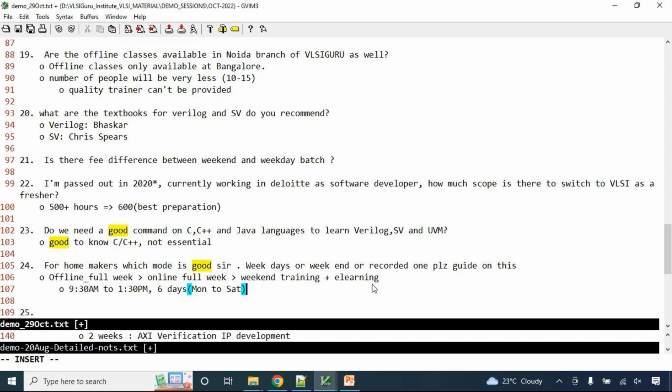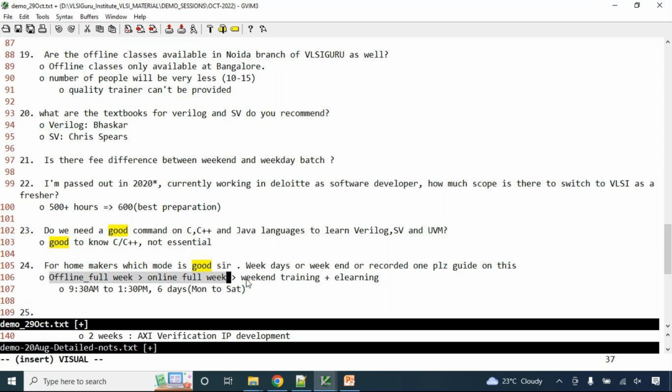Trainers will have some slots in the afternoon also. But mostly we try for the morning slot. Otherwise, sometimes it can be pushed to the afternoon slot. If for any reason you don't attend, you get the recorded video for a fixed duration of 10 days. You can always revise the topic, and the next day you can come back to the trainer with your doubts.